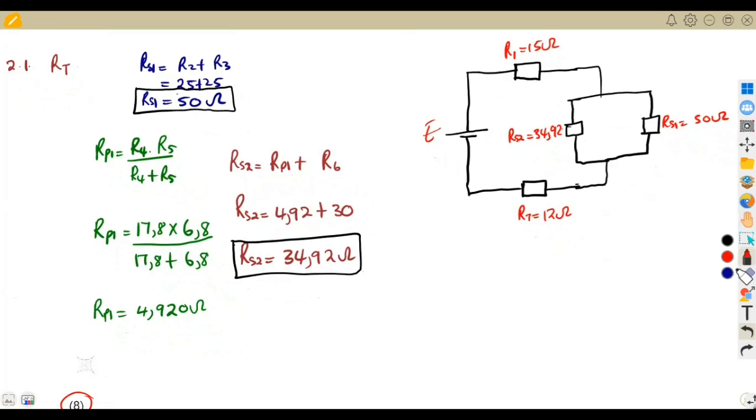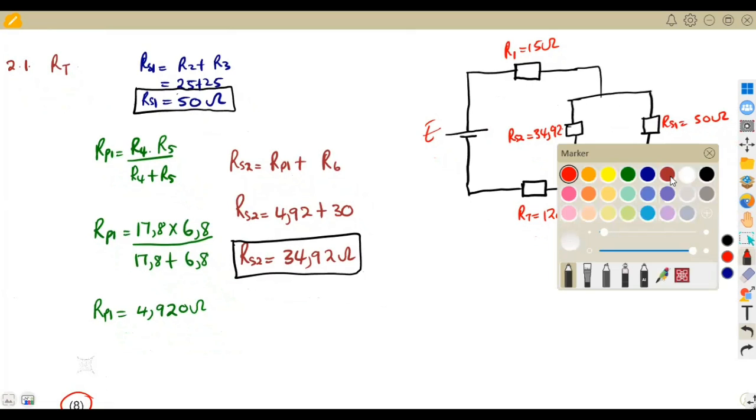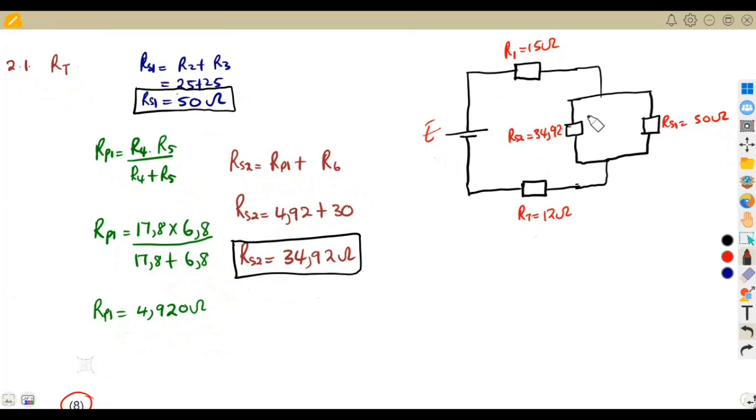From this presentation that we see here, how can we calculate the total resistance now? It means we are supposed to combine these two resistors which are in parallel and combine to R1 and R7, making it a series circuit.